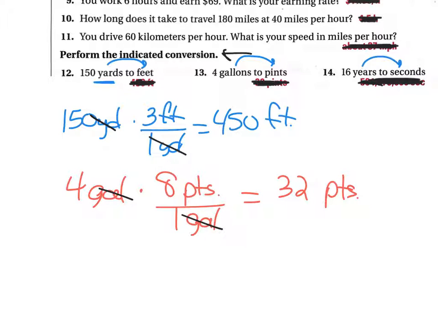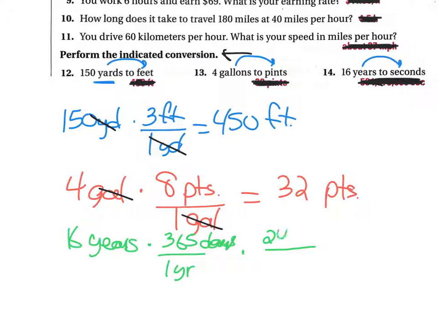And the last one, I have 16 years to seconds. So I'm going to take 16 years. This may take a minute. Let's start with days, I guess. There are 365 days in 1 year. Forgot to write days. There are 24 hours in 1 day.